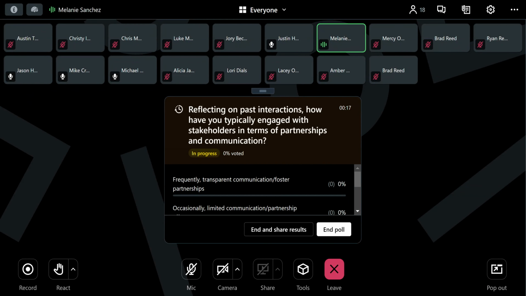You can put whatever you feel for your specific organization. And I don't know if you guys can see it, but there is a fourth option. You just have to scroll down on the poll.